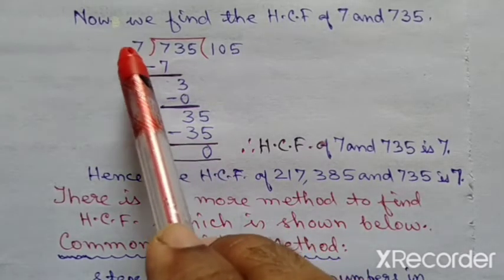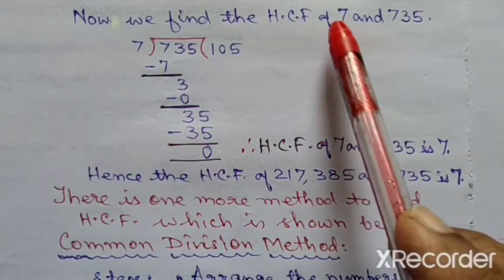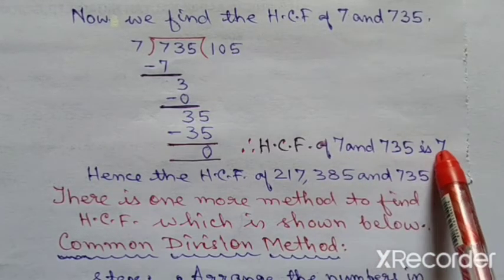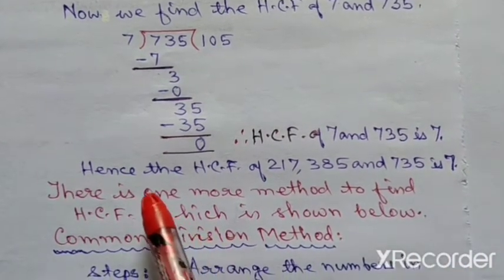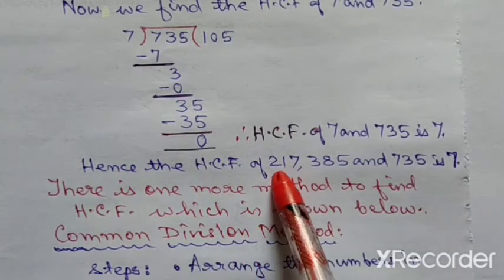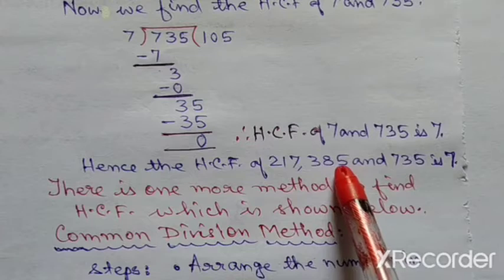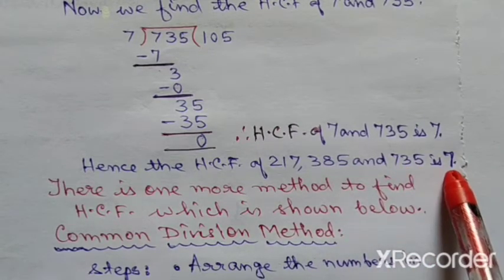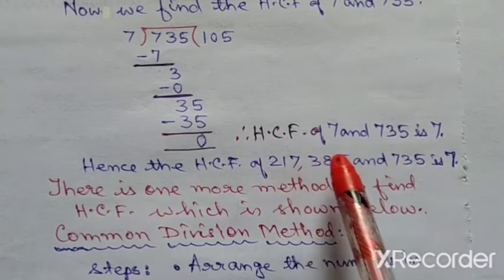That divisor is called the HCF of the given numbers. Hence the HCF of all the three numbers 217, 385 and 735 is 7. This is the required HCF of all the three numbers.